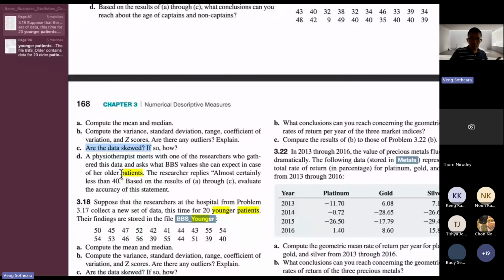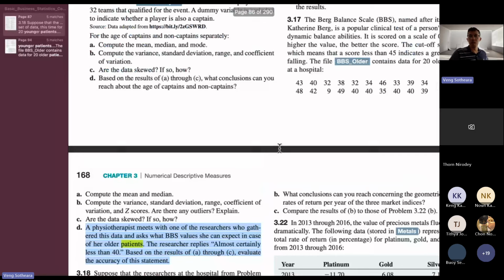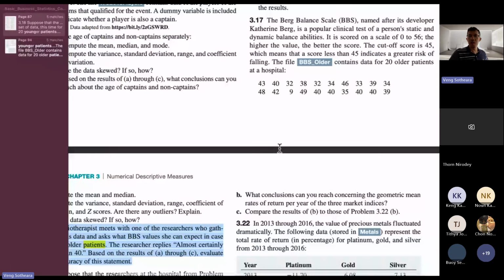And I recommend that after you compute these measures, please plot the box plot so that you can answer the skewness question easily. Okay. And then read the D carefully and try to come up with a conclusion. So this is the task for you. So can you find this problem 3.17 in your textbook, in your course reader?